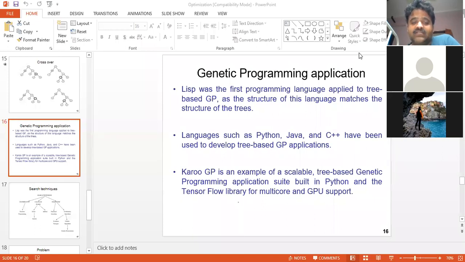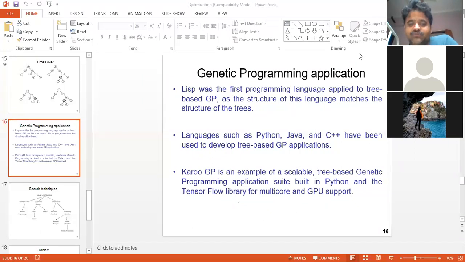In recent languages like Python, Java, and C++, genetic programming is also used. Not only that, yesterday you used Jupyter Notebook, which is nothing but Python. Python supports GPUs as well as CPUs.